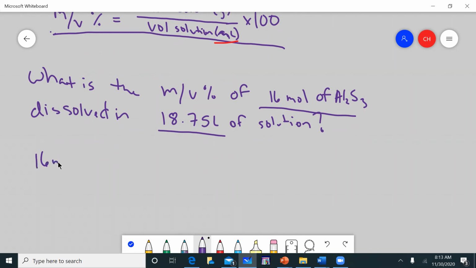So I need to convert that. 16 moles of Al2S3, for every 1 mole of Al2S3 we have a molar mass of 150.158 grams of Al2S3.